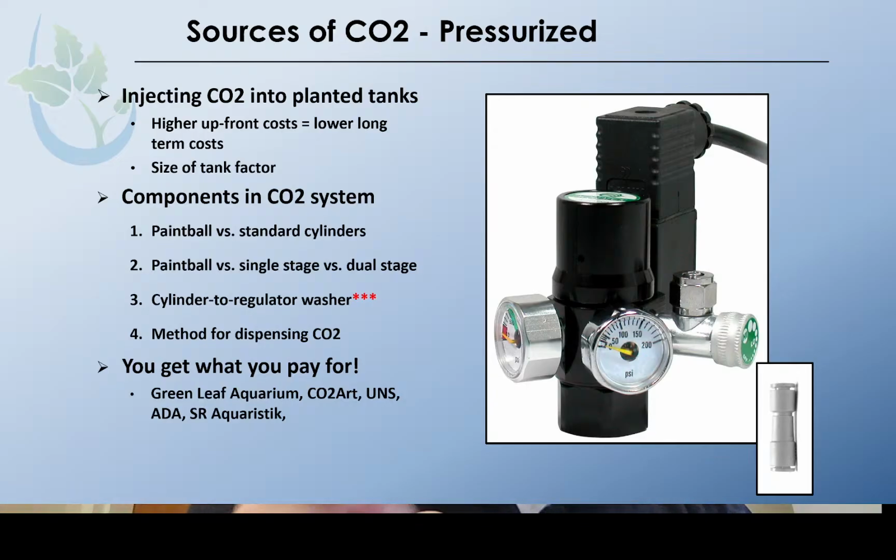The single stage doesn't have that second mechanism, so once that pressure drops, it opens that valve completely and the CO2 dumps out into your tank. It's worth the money to get the dual stage. This one, like I said, is a paintball regulator, and paintball regulators don't have that capability. When they run out, they run out. They just slow bleed.